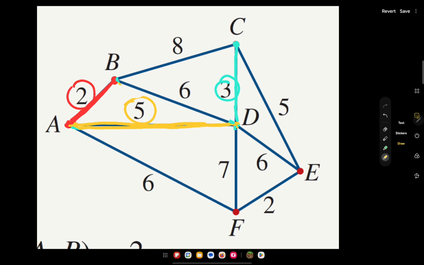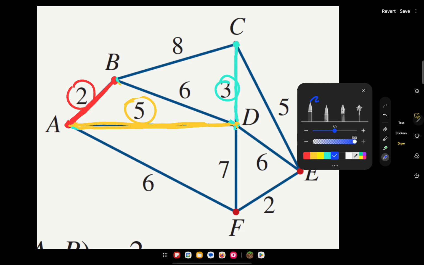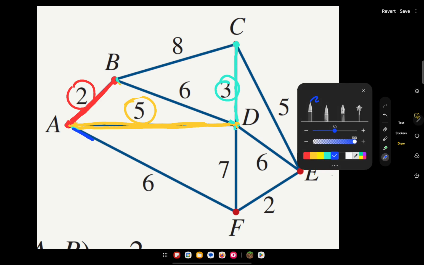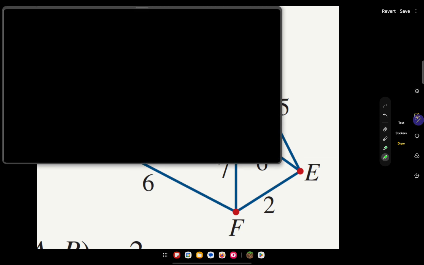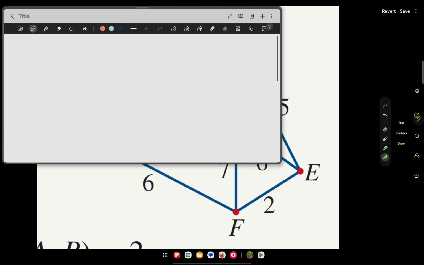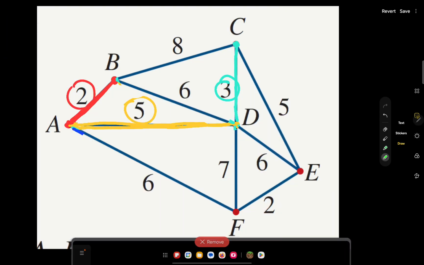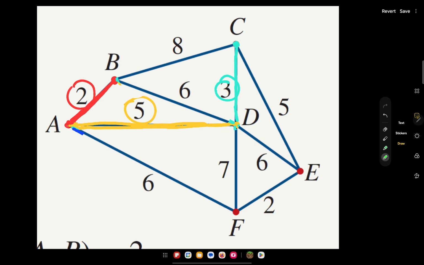Okay, now we do the same thing. We have a new point now, C. So we look at all of the branches going from A, which is this one line here. Now we look at all the lines going from A, which is this line here. All the lines going from B, this line here and this line here. All the lines going from D, which is this line here, and this line here.